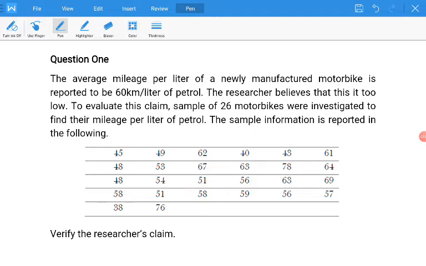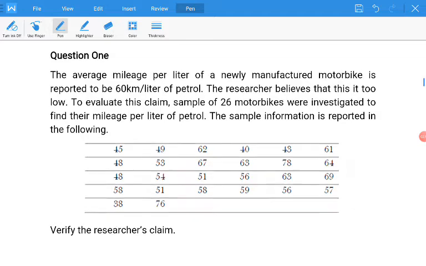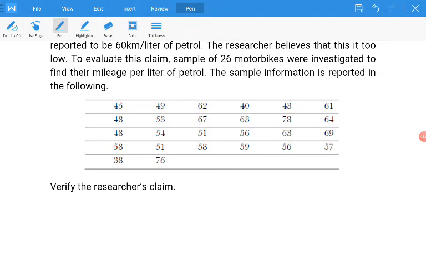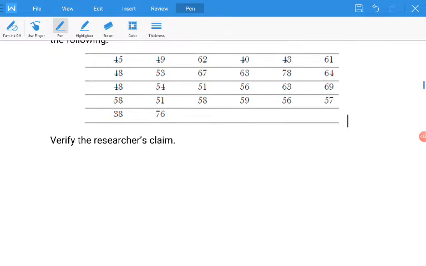The sample information is reported in the following table. Here the variance is not known, and the observations that we have in this case are less than 30. So let's solve it.